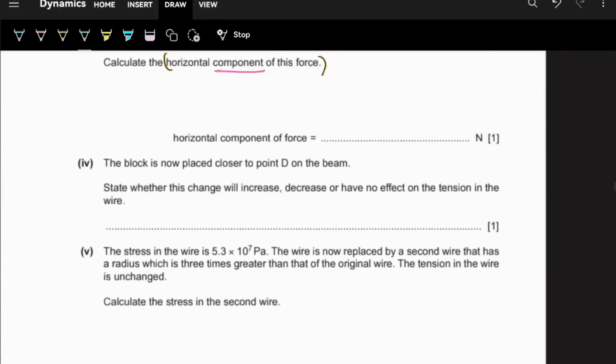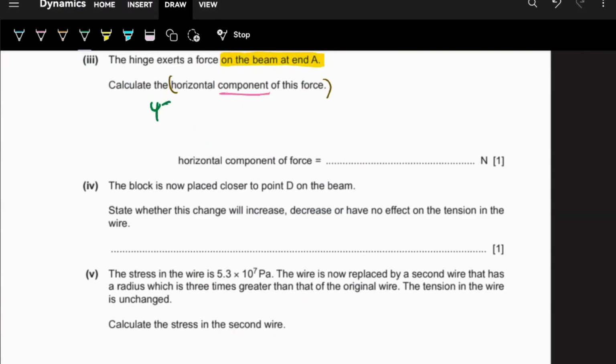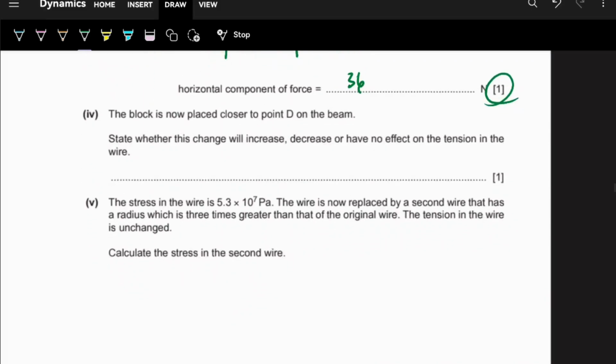So that is our horizontal component. 45 cos 37 degrees gives you 35.9. Basically 36 Newton to two significant figures. Okay, nice. You get a 1 mark.